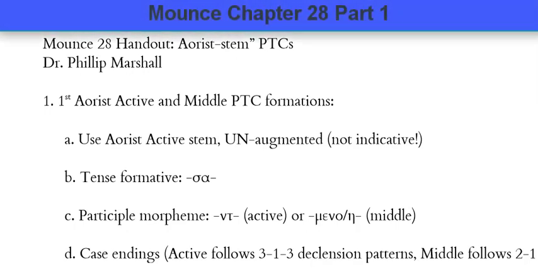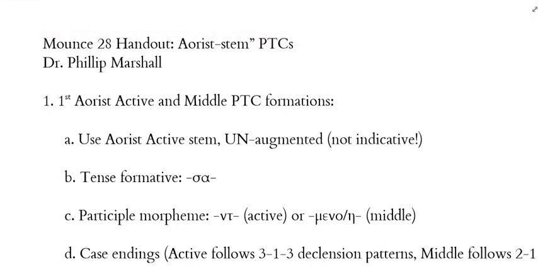In Mounce chapter 28, we are dealing with aorist-stemmed participles. And here, the word aorist is really defining the stem that's being used. It has nothing to do with time, remember? Once we're outside of the indicative, there is no such thing as absolute time with these non-indicative aorist forms.